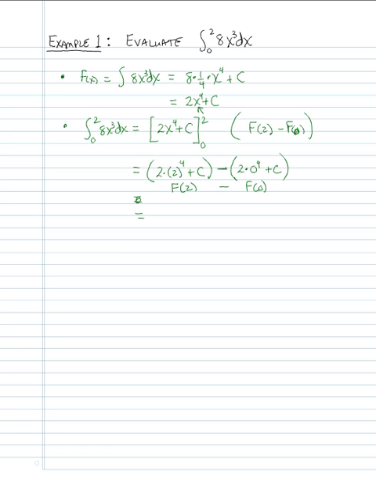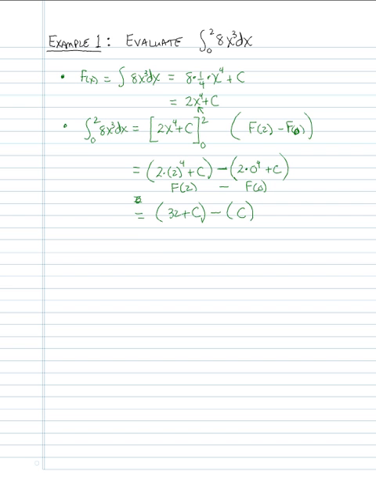Okay, now we're just going to simplify this. So we recognize that 2 to the 4th is 16. So in these first parentheses, we have 2 times 16, or 32, plus that constant. Minus over here, well, 0 to the 4th is 0, and 2 times 0 is just 0. So we have 0 plus c, or we just have c in this position.